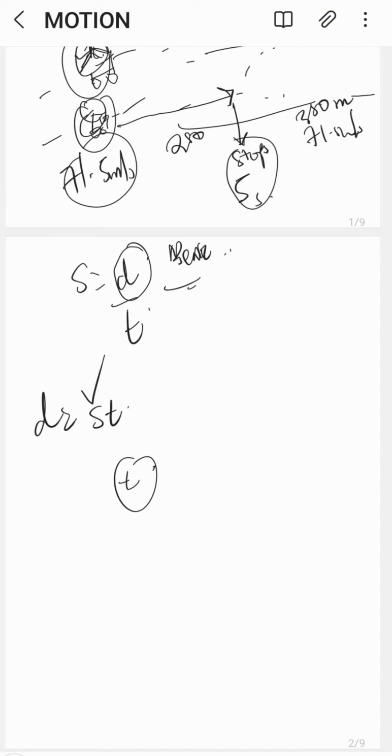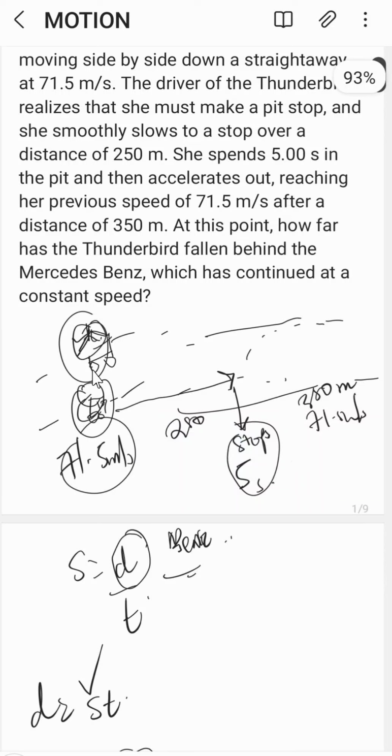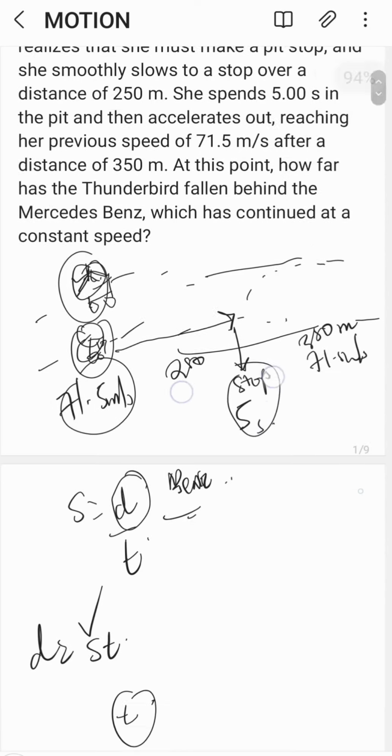So we are going to assume the time it took for the travel would be the same minus the 5 seconds. How do we find that time?